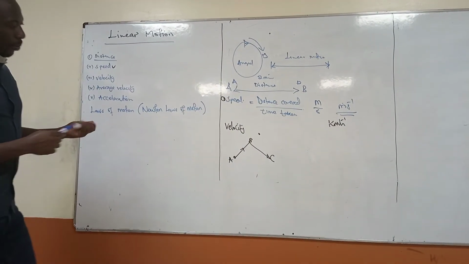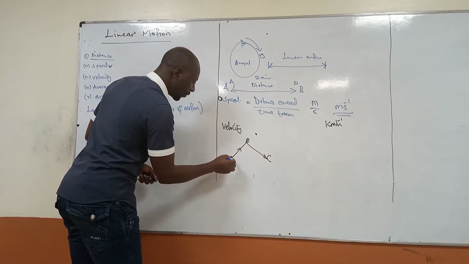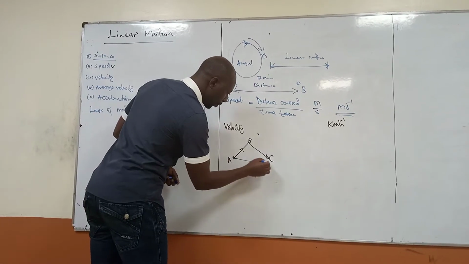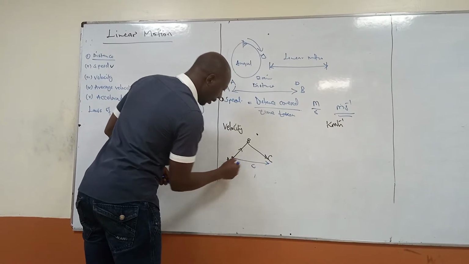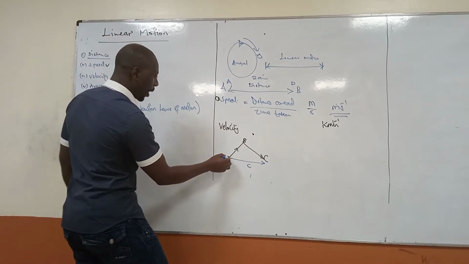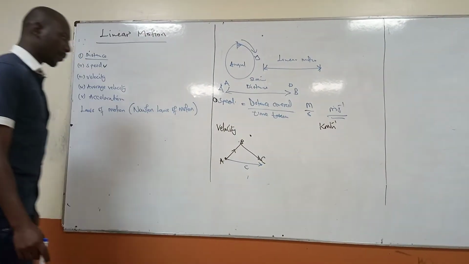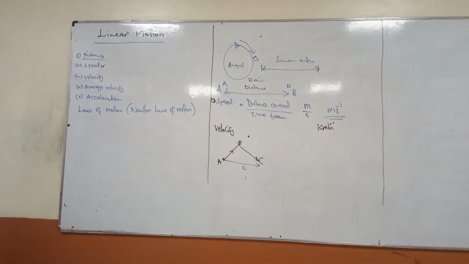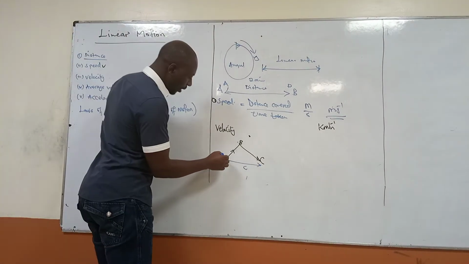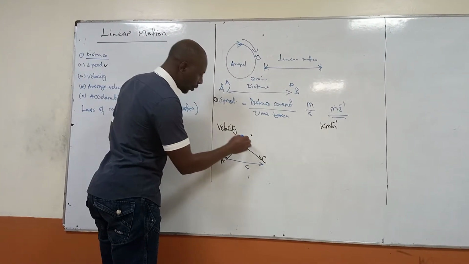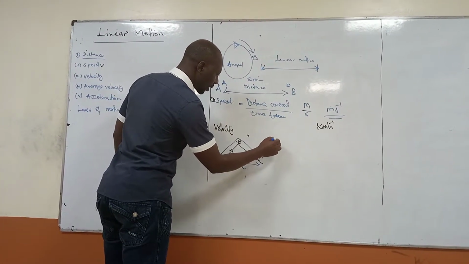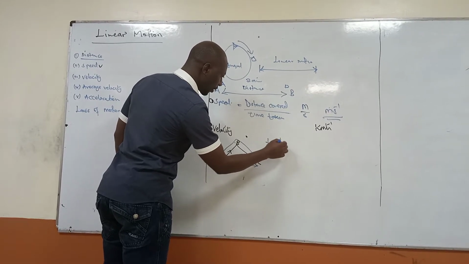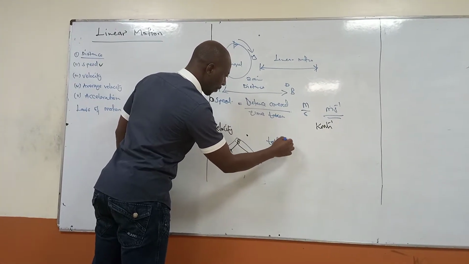This body would rather move straight from A to C, but it opts to move from A to B then to C. So the distance moved from A to B to C is called the total distance covered.